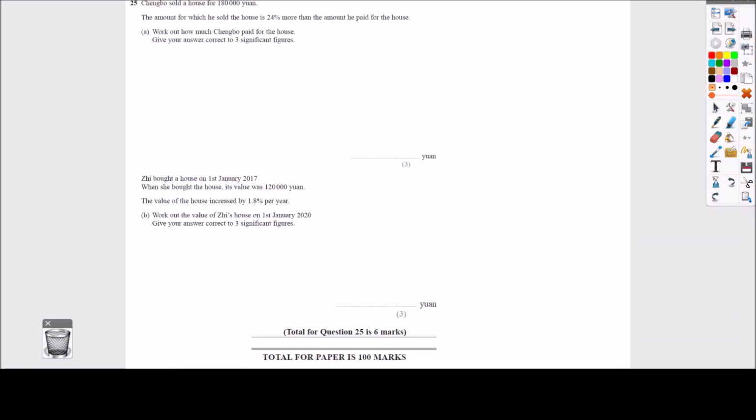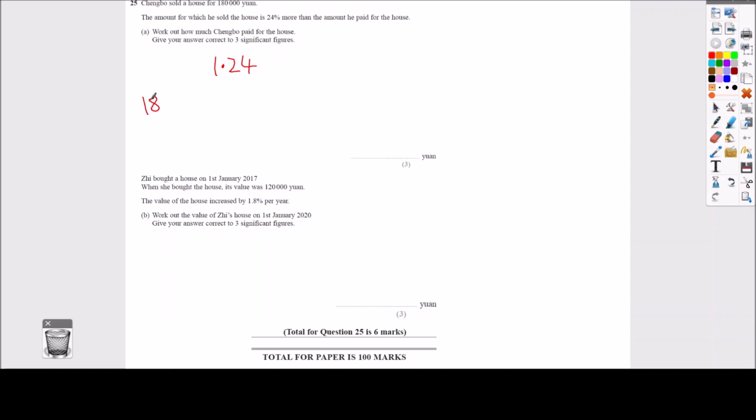Question 25. So, sold a house for 180,000 yuan, and this is 24% more than the amount originally paid for the house. So, what is our multiplier going to be when things increase by 24%? It's going to be 1.24. Now, we're going backwards here, all right? We know the final price, which is 180,000, and we need to go back to the original price. We're going right to left.